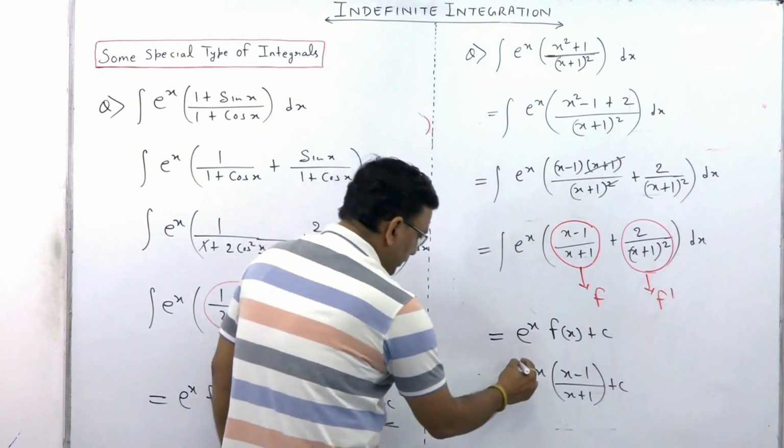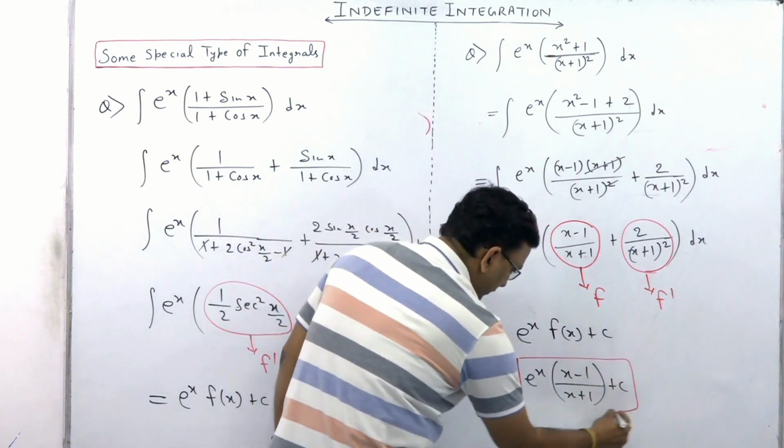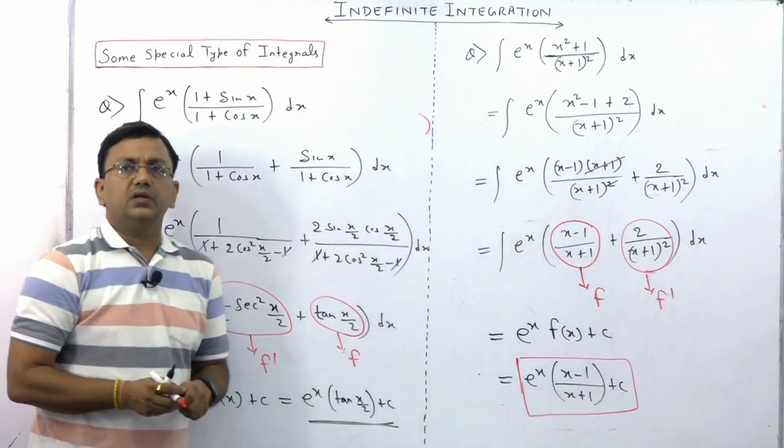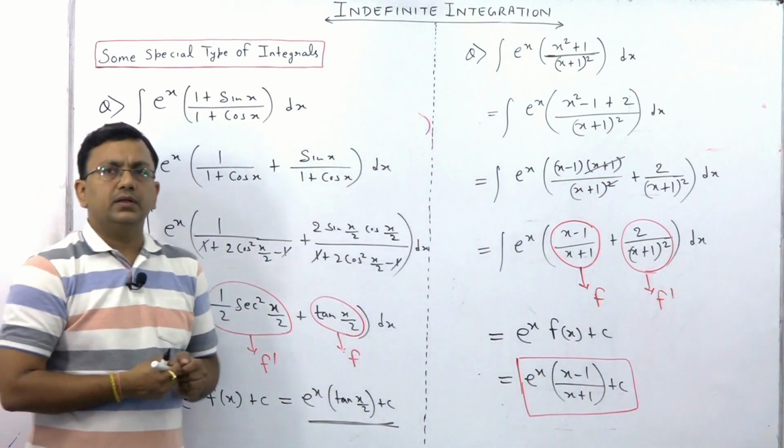So in this way, the answer is e to the power x times x minus 1 upon x plus 1. Getting it?